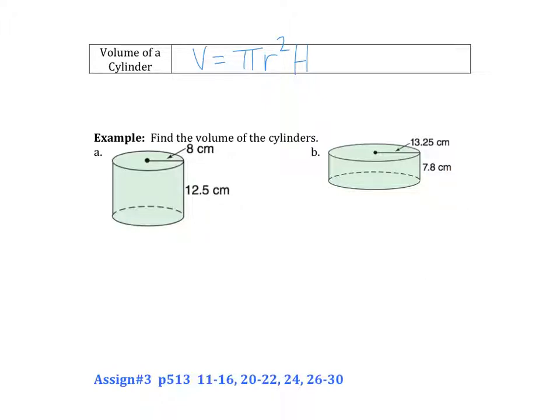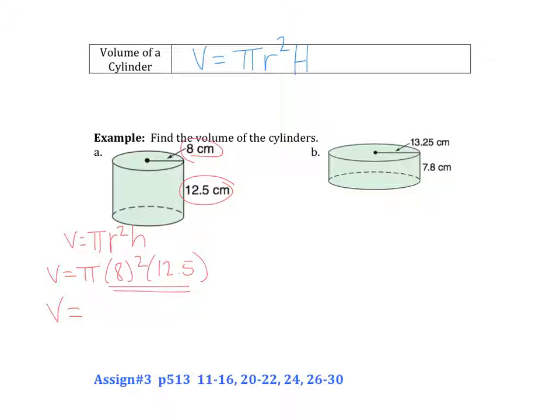Alright, we're going to move right to our formula for volume here. So volume equals pi r squared h. So I'm going to plug in what I've got. Looks like I've got my radius. Looks like I've got my height. So volume equals pi times 8 squared times 12.5. Multiplying that out to get my exact answer. Remember, pi is going to be in that. So I'm going to multiply this 8 squared times 12.5. When I do that, I get 800 pi.